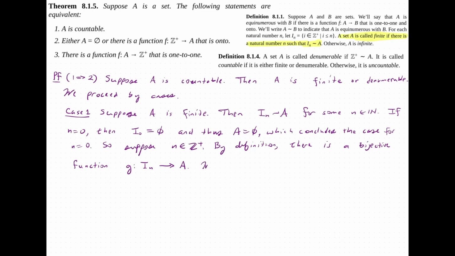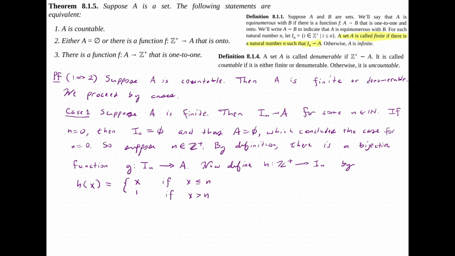So now, define h to be the function going from the positive integers to I sub n by h of x is going to map to x if x is less than or equal to n, and it's going to just map to 1 if x is greater than n.